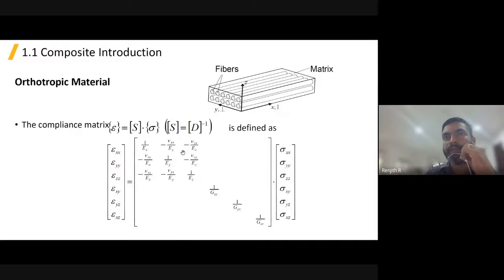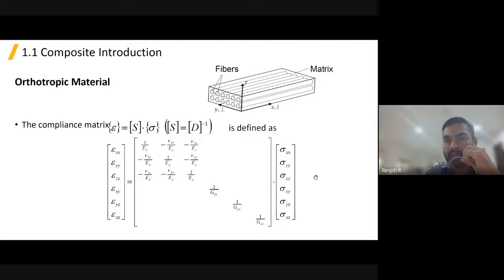Software like ANSYS or Abaqus, whatever the software, takes the stiffness matrix, that is this coefficient matrix, and multiplies it with the shape function matrix. There is a concept called the shape function. So we get the total matrix, called the stiffness matrix in finite element analysis, and from that we find the force and displacements.